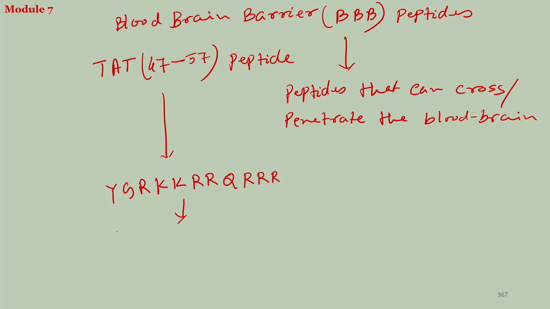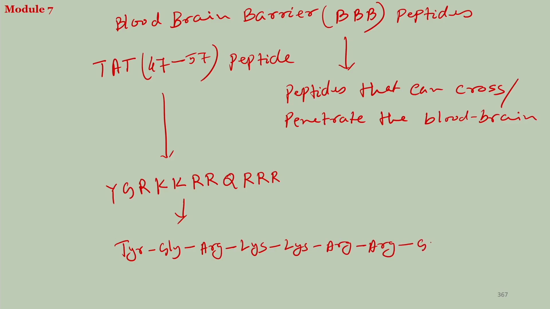What is the full form? Y is your tyrosine, glycine, arginine, K is lysine. So it is full of lysine and arginine. Again K is lysine, arginine, arginine.